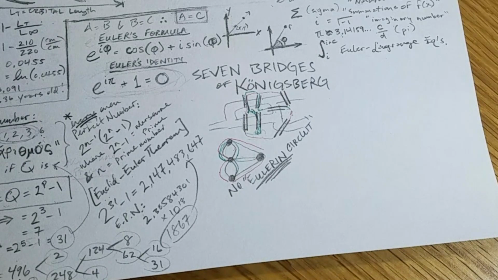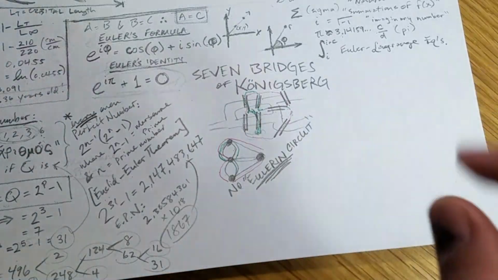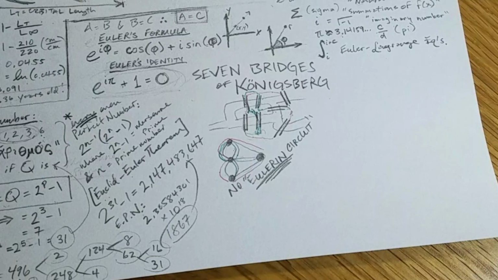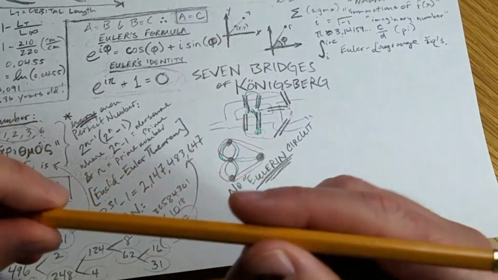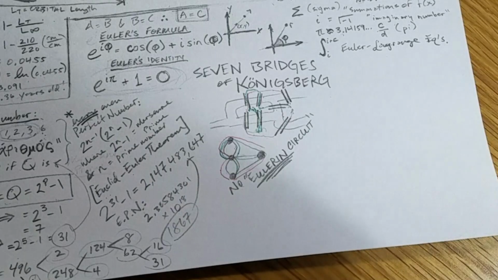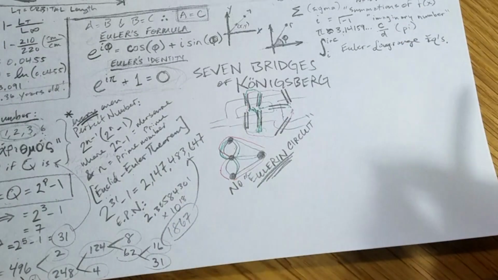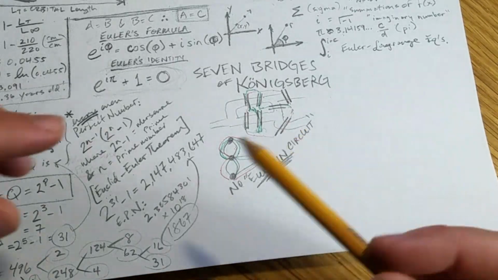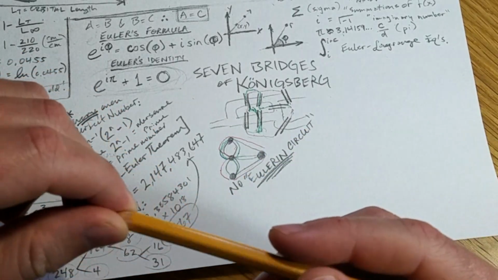Euler helped develop the Euler-Bernoulli beam equation, which any of you mechanical or civil engineers would be familiar with. It became a cornerstone of engineering, and without it, many of the more complex structures, especially skyscrapers and bridges, would be much more difficult to build, I'm sure.